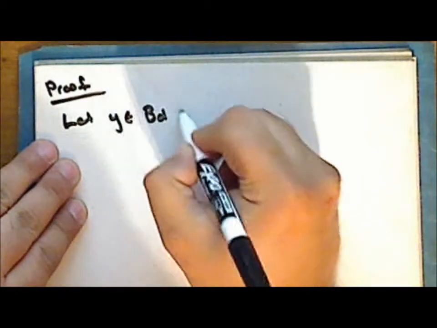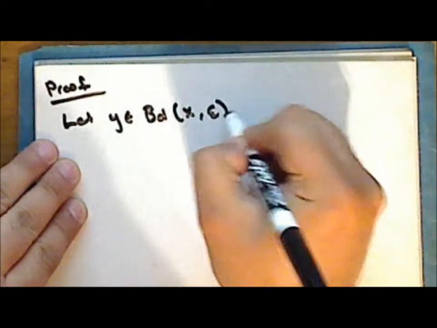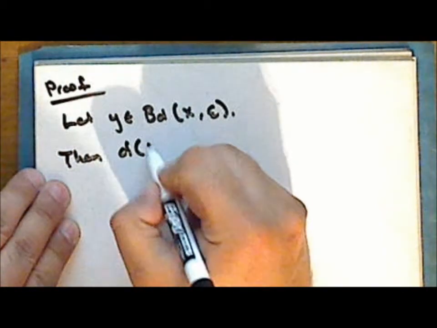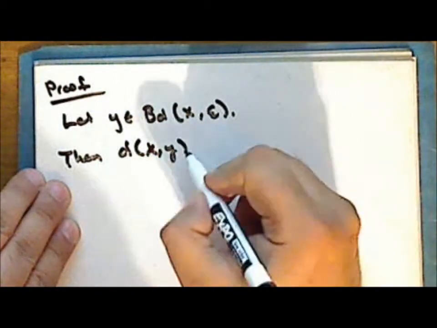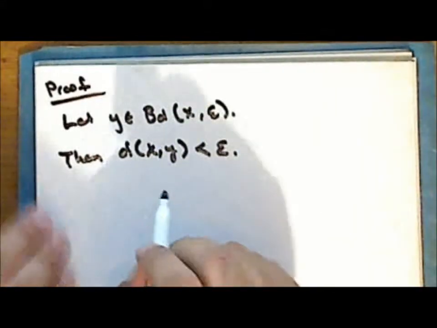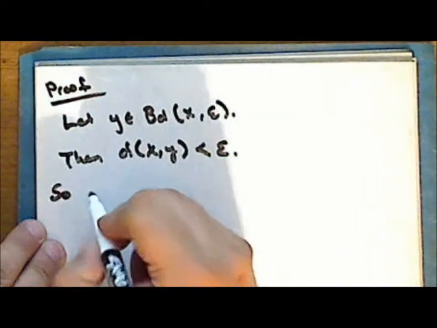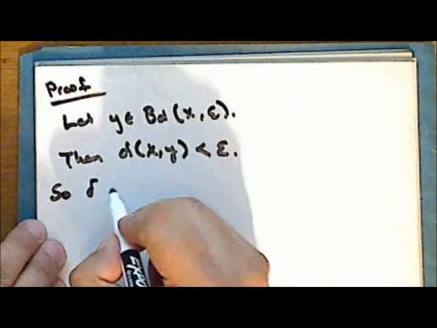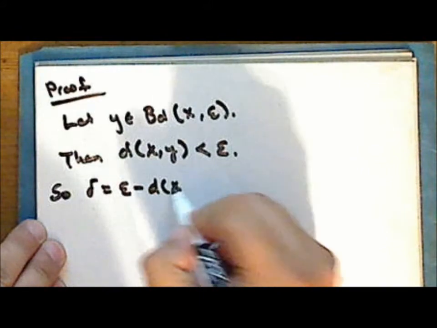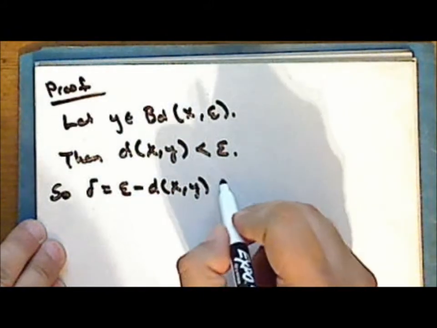Let the point Y be in the epsilon ball centered at X with radius epsilon. Then the distance from X to Y in the metric D is less than epsilon. And so if we define the number delta to be epsilon minus the distance from X to Y, then this is a positive number.